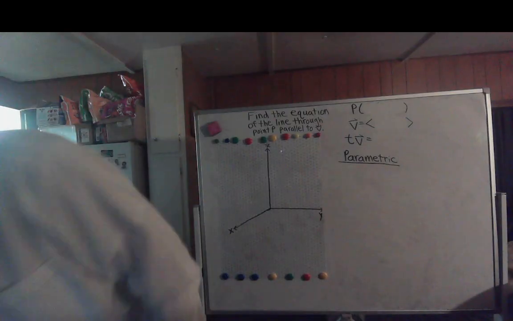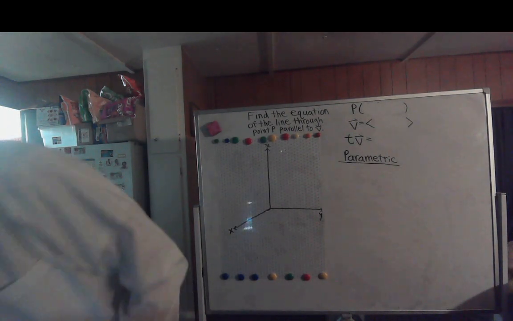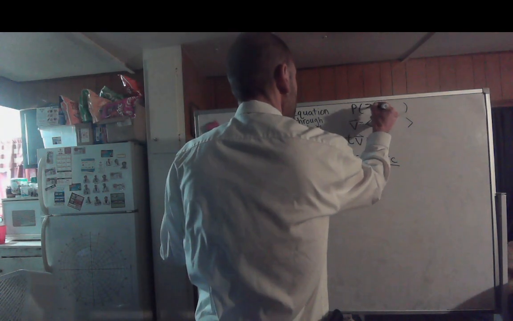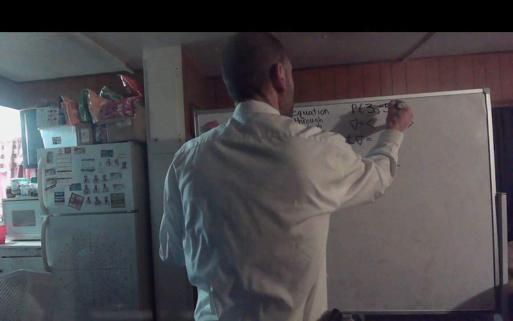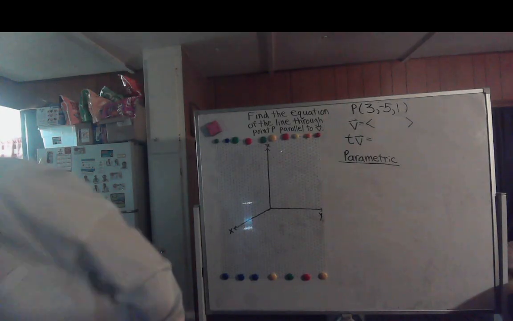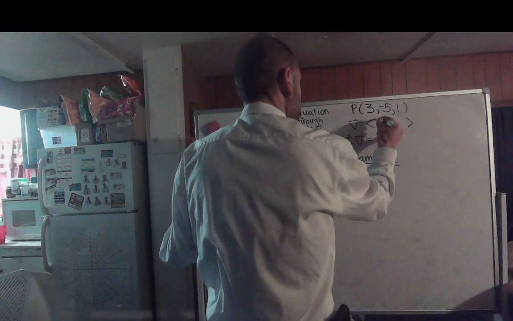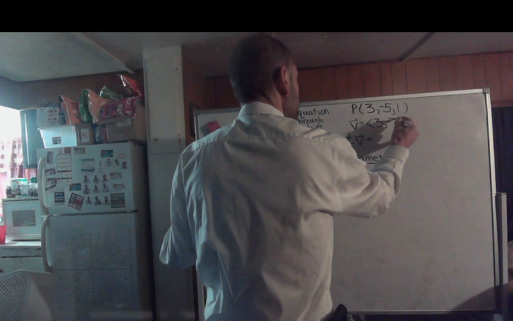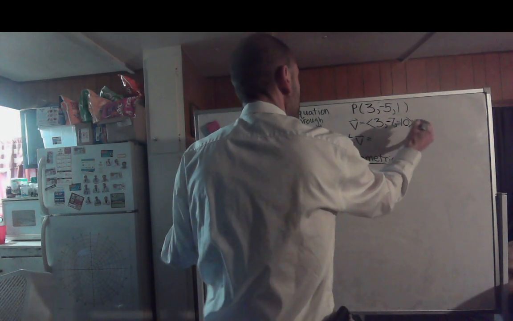Alright, so this time point P is at 3, negative 5, 1. Our direction vector, vector v, is at 3, negative 7, negative 10.